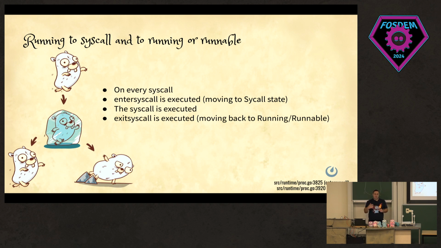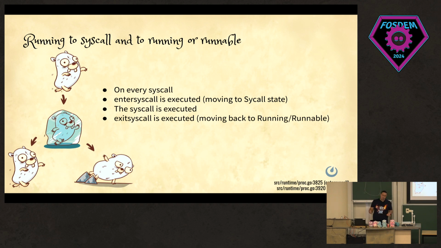So whenever you enter a syscall, whenever you try to execute a syscall, it's going to detach from the processor, and it's going to detect if the syscall is slow or fast. And if it's a fast syscall, it's going to finish the syscall and go back directly to running.